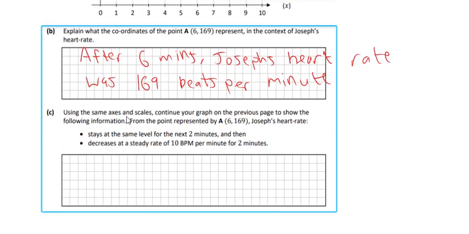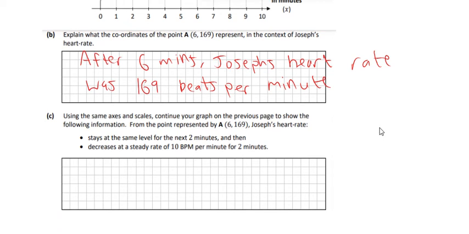Using the same axis and scales, continue your graph. From the point 6, 169, his heart rate stays at the same level for the next 2 minutes and then decreases at a steady rate of 10 beats per minute for 2 minutes.